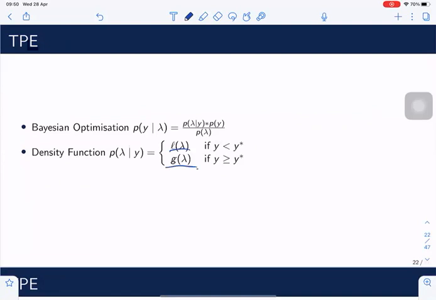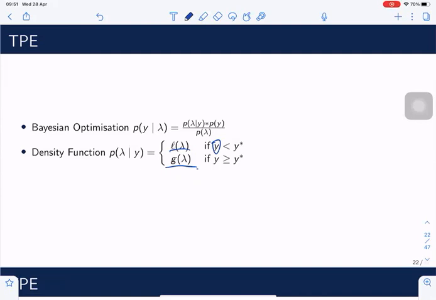The first set is called good hyperparameters, and the second set is called bad hyperparameters. And how do we judge good or bad? We can see the loss, y. If the y is less than the y threshold, it is good, and otherwise it is bad.